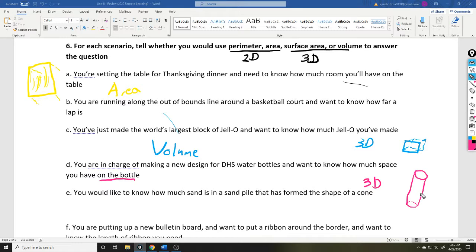So that is talking about how much area you've got along the outside of this figure or on the surface of it. So that is a surface area question, because it's asking how much area takes up the outside or the surface of the shape.